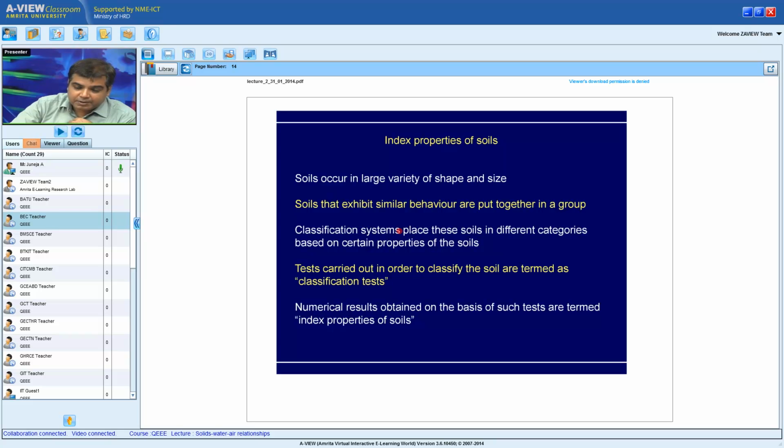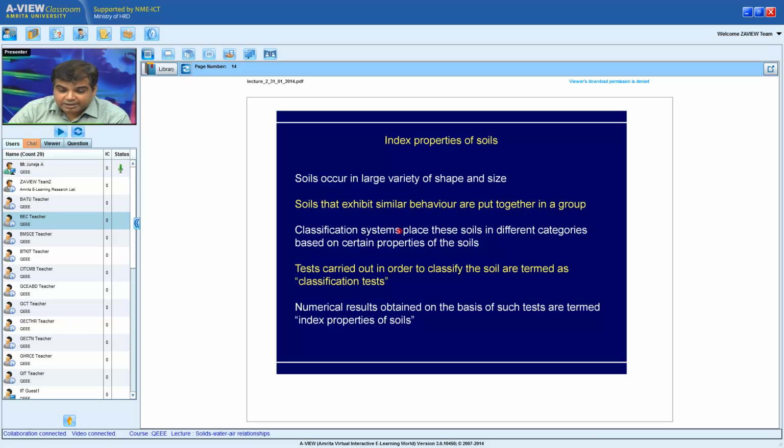For example, the Americans themselves follow three different classification systems. The most popular ones can be the ASTM or the AASHTO. So usually we follow either the USCS classification or the AASHTO, and the third commonly adopted is the IS classification.